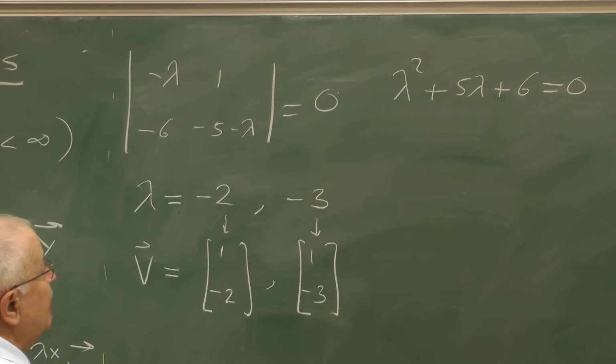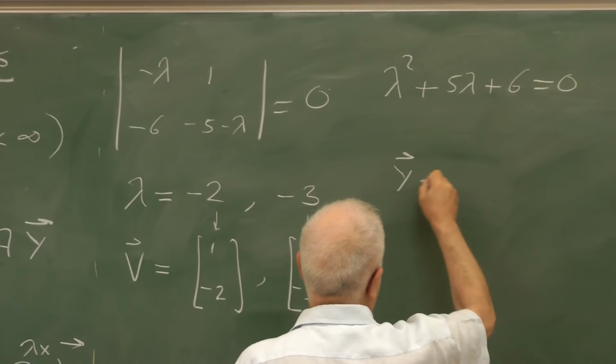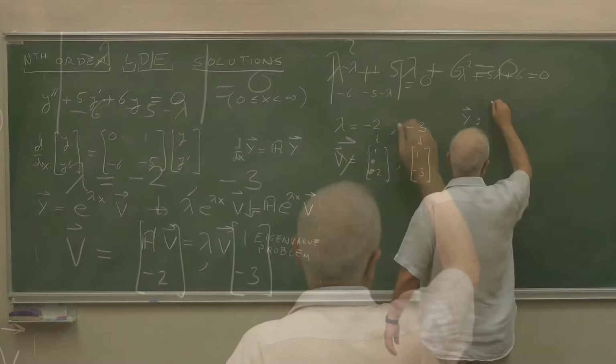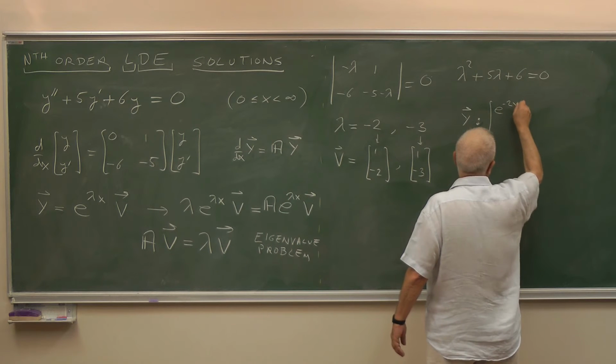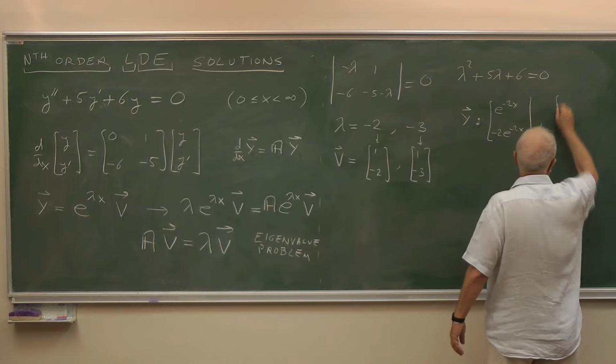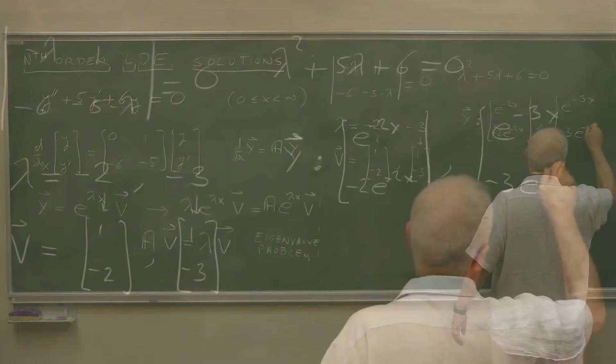So I have two different solutions. Let me say y equals, or perhaps that, e to the minus 2x, minus 2e to the minus 2x, and e to the minus 3x, minus 3e to the minus 3x.